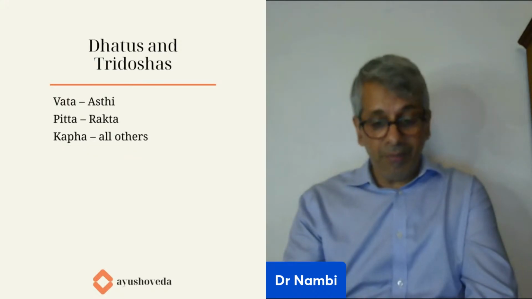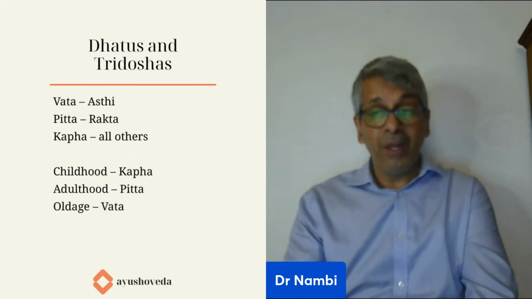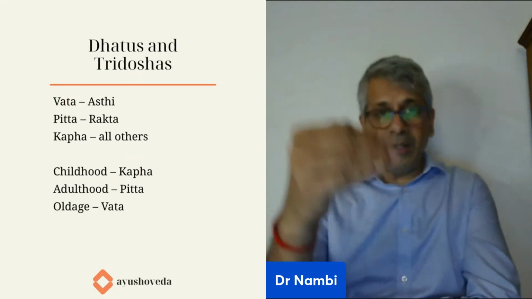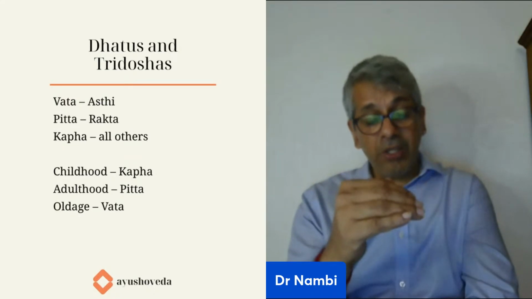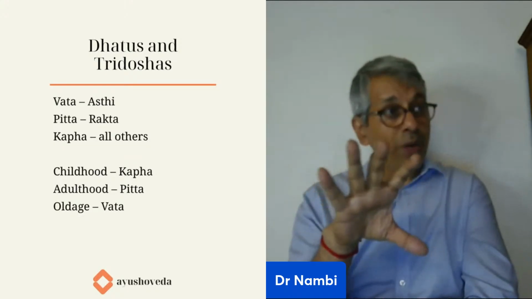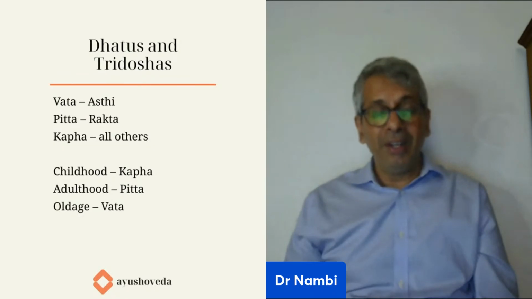This is called Ashraya Bhava. And when you look at childhood, you know that early childhood is Kapha age, mid age is Pitta age, where you have got the fire, the heat in the system.